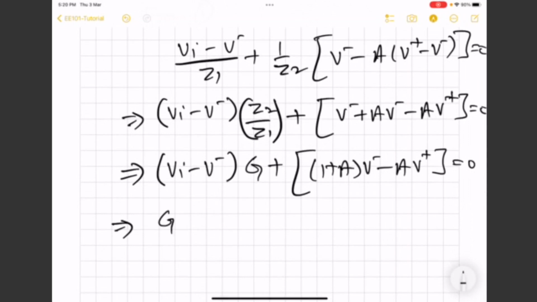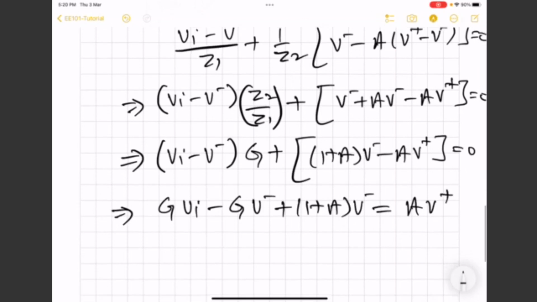So we have G Vi minus G V minus plus 1 plus A V minus is equal to AV plus.